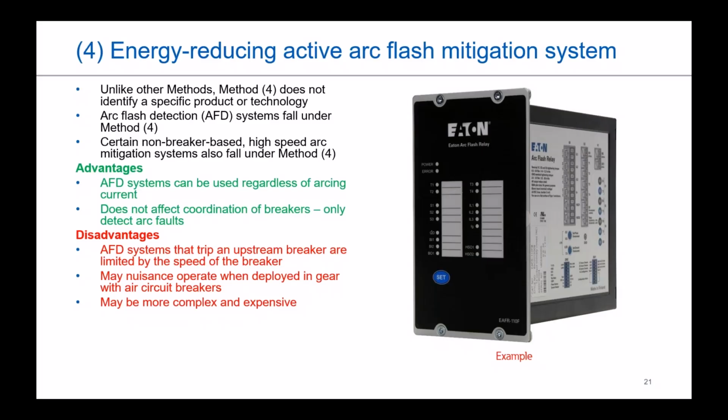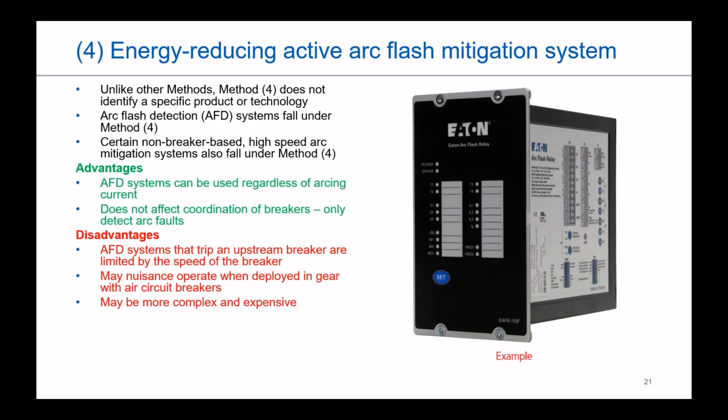Now, some of the systems have the drawback that they are still reliant on the upstream power circuit breaker, which has some limitations in terms of how fast something can open. You can sometimes get nuisance operations. Not all systems have this issue, but some do, to where if they're a pure light-based system, when a low voltage power circuit breaker does its opening operation, it's elongating an arc through some arc chutes.